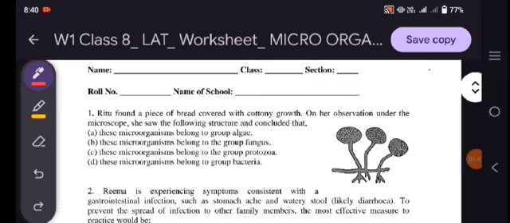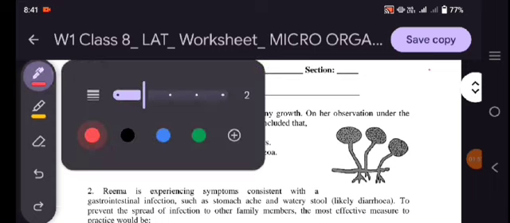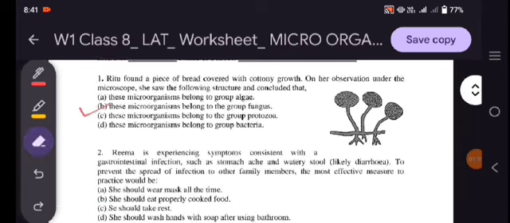There will be fungus, the whitish part, on the bread. So here option B is correct. These microorganisms belong to the group of fungus. Let's move to our second question.